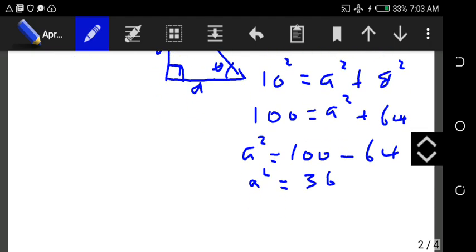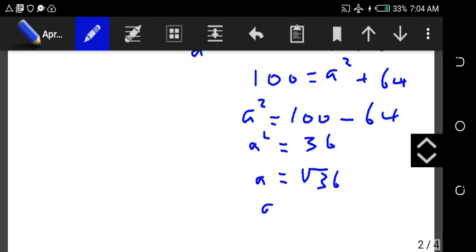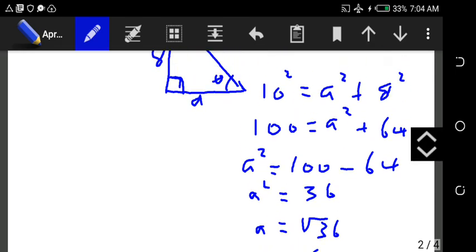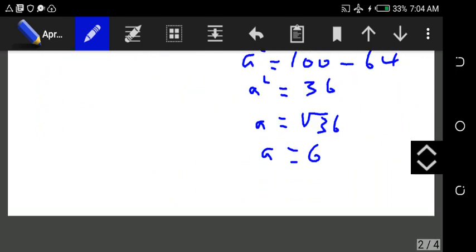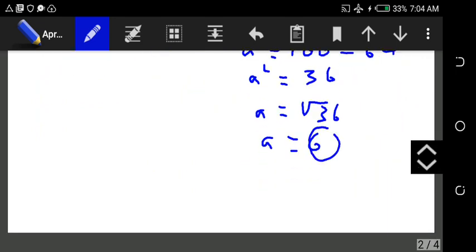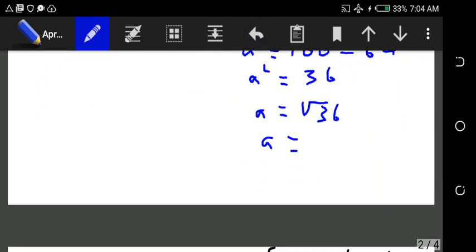Therefore a is equal, taking the square root of both sides, to the square root of 36, which means that a is equal to 6. Therefore the value of a using Pythagoras theorem is 6.